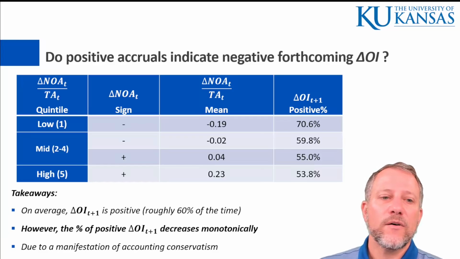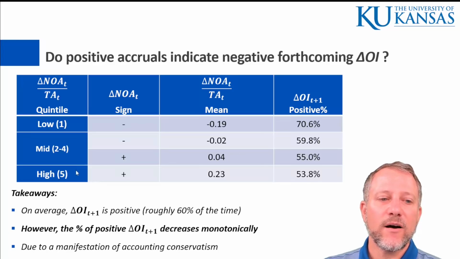So the first quintile, the low quintile, is the 20% of companies in that year that had the lowest change in NOA. For all of these companies, this was a decrease in NOA, and when we scale by total assets, the average decrease in NOA for companies in this quintile was about negative 20% of assets.